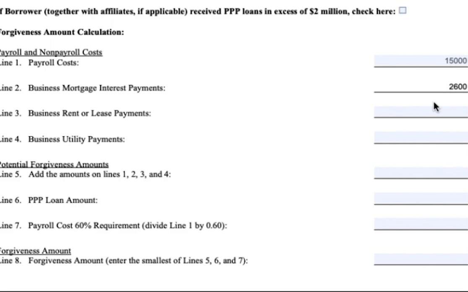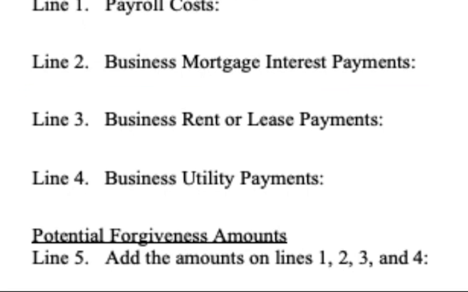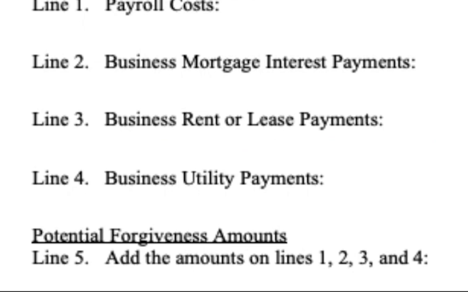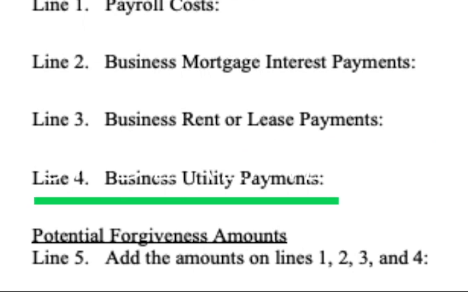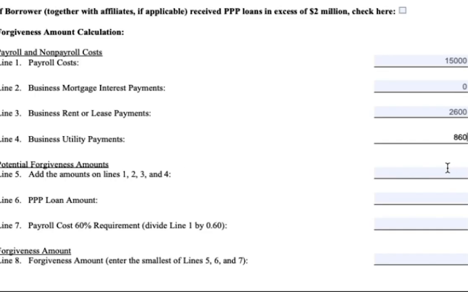How much did you pay out during that time period in payroll? What was your business mortgage interest payments? What were your business rent and lease payments? What were your utility payments? So if you paid out anything in that 10-week period of time on lines 1 through 4, you want to put the dollar amount on the appropriate field.